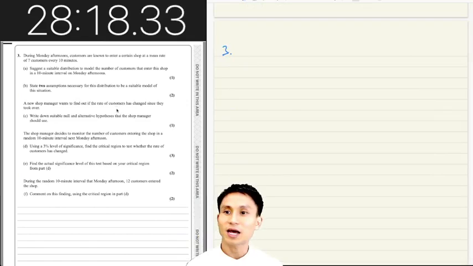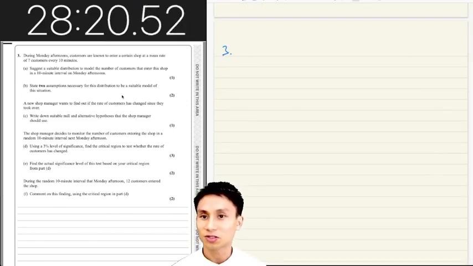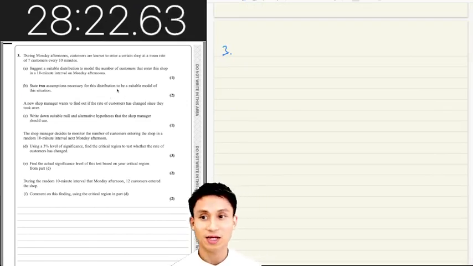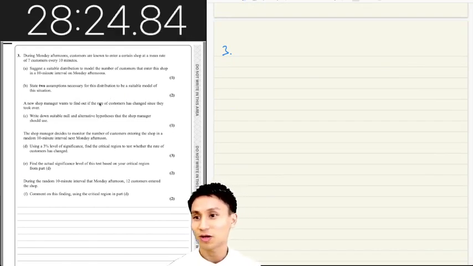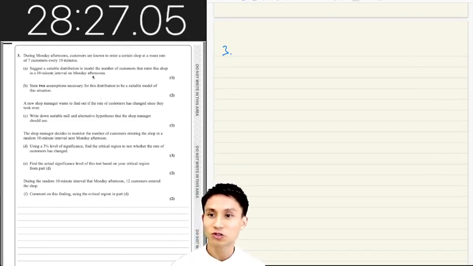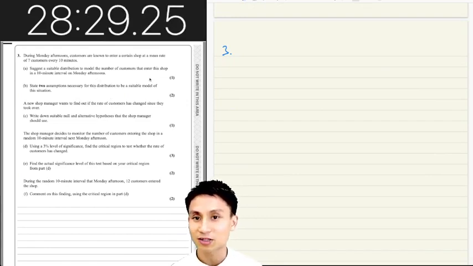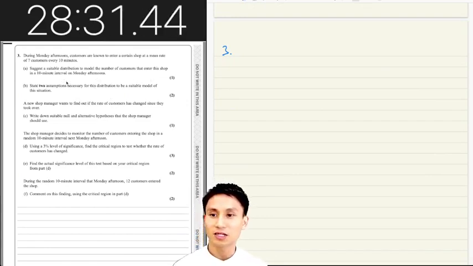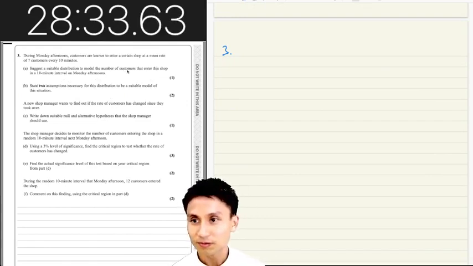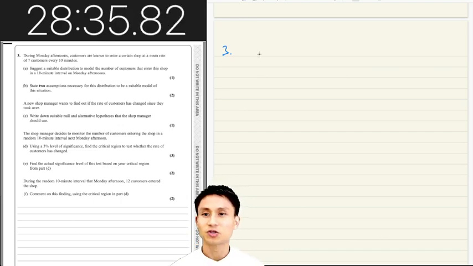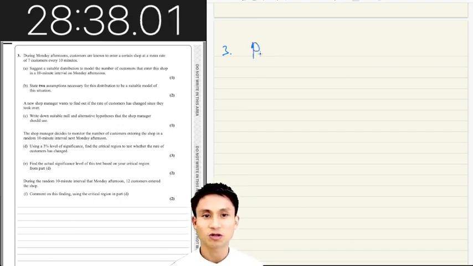Okay. During Monday afternoons, customers are known to enter a certain shop at a mean rate of that. Now, mean rate suggests a suitable distribution to model the number of customers that enter this shop in a 10-minute interval on Monday afternoon. Of course, this is the Poisson distribution.